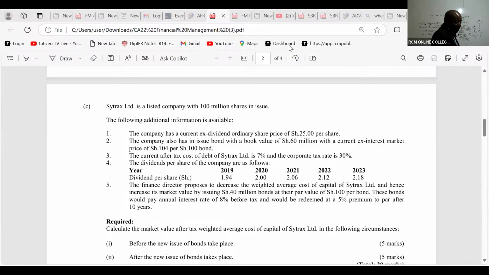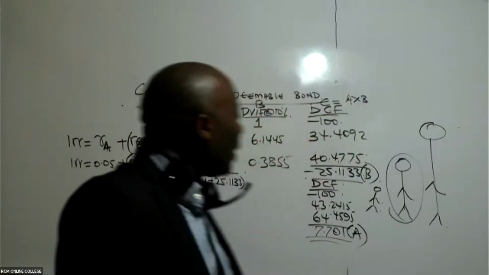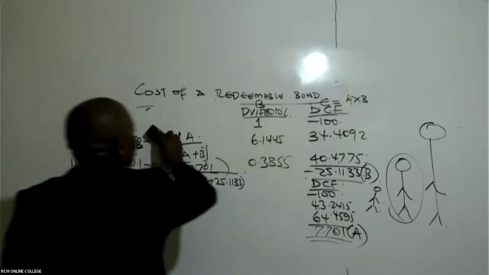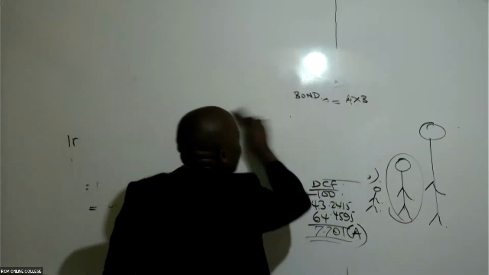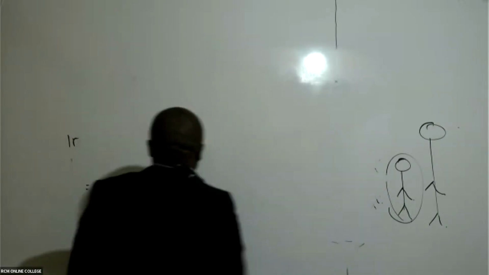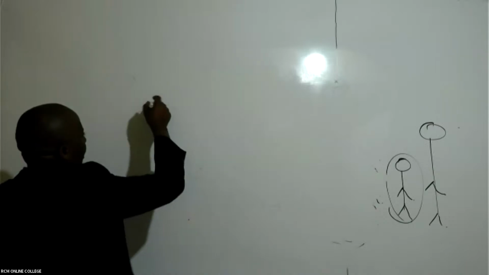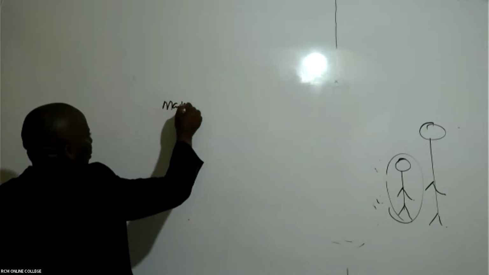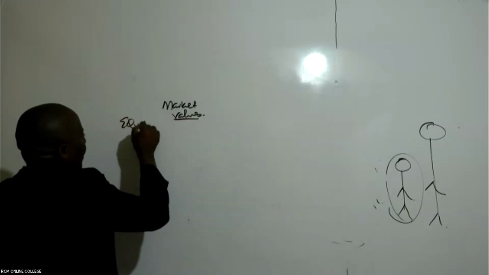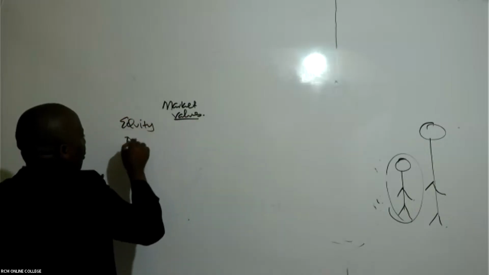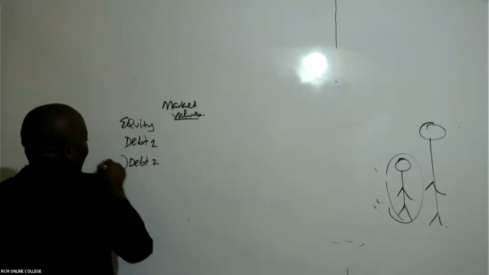I love this, because now I'm going to have two debt instruments. So I have market values: equity, debt 1, and debt 2, which is the new debt.